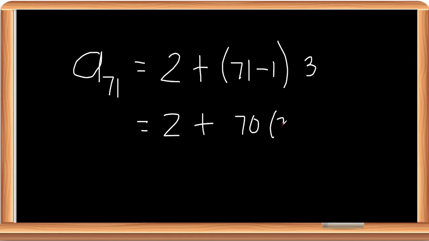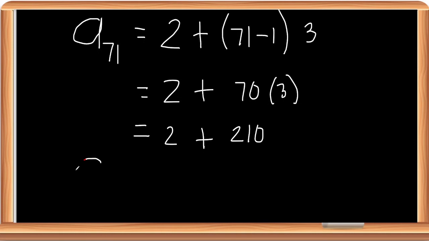Multiply natin sa 3. No? So, we have 2 plus 70 times 3 is 210. So, therefore, yung value ng pang 71st term natin is 212.